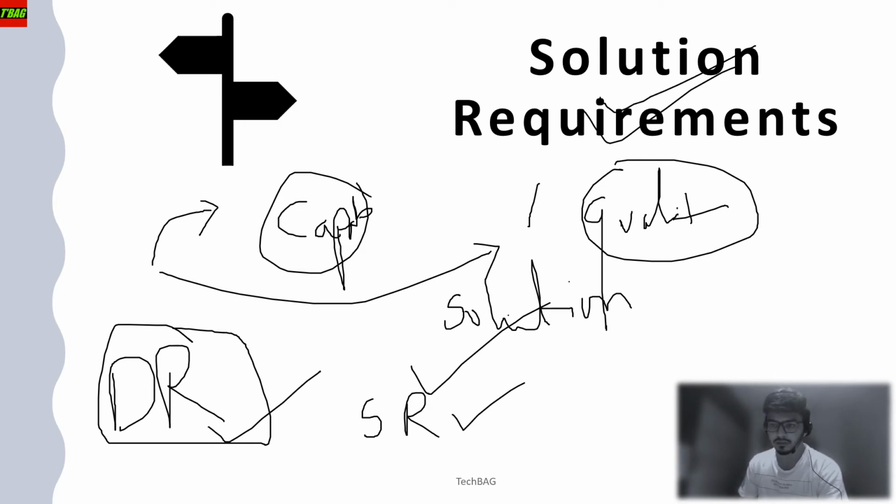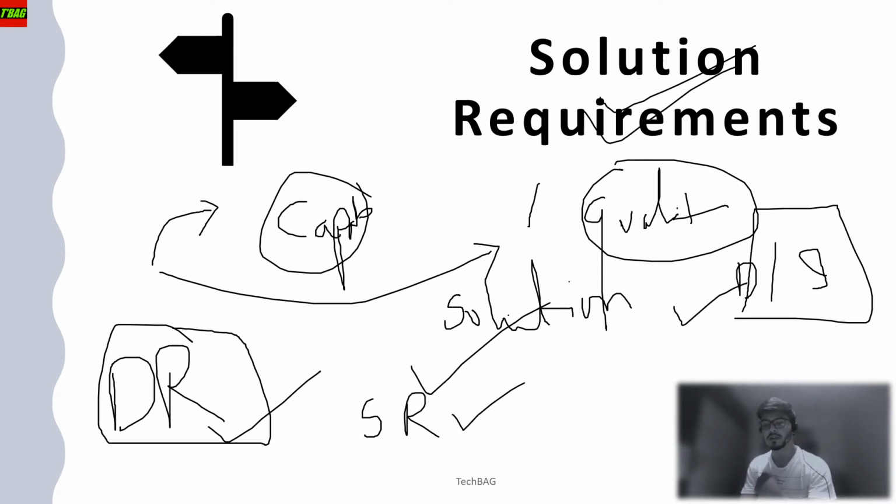Now what happens when you are satisfying the solution requirements? This allows the development and implementation of solutions. So this implementation and development of solutions is very important to actually execute and give the outcome as a business requirement. So let's get into two different types of solution requirements.